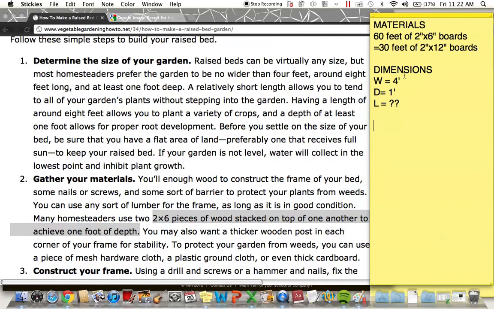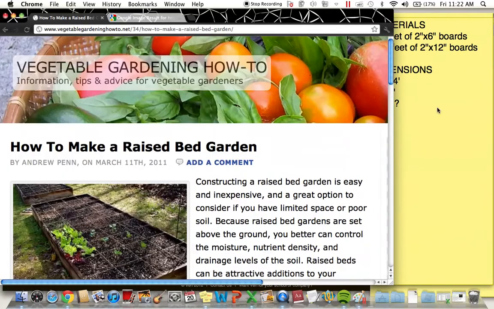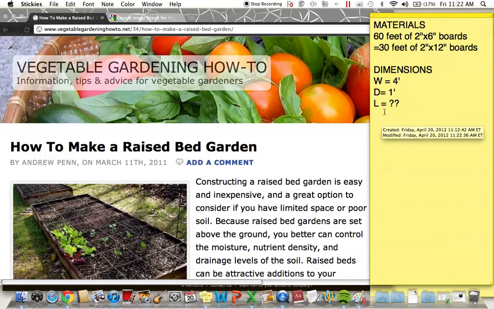Now we have enough information to solve for our third dimension of the garden, length, and we can do that by setting up an equation about perimeter. Perimeter is P, and P really just is the total length of all the boards that we have.